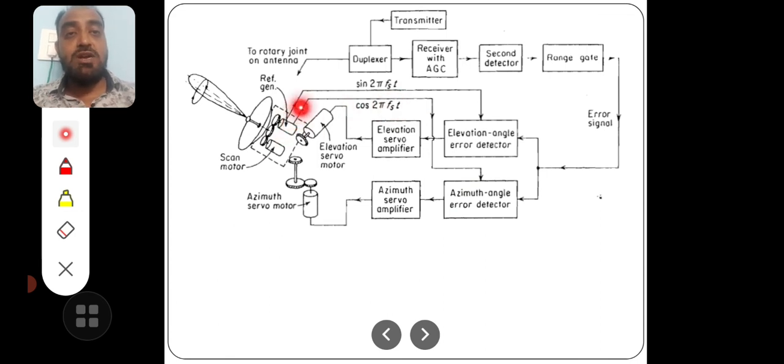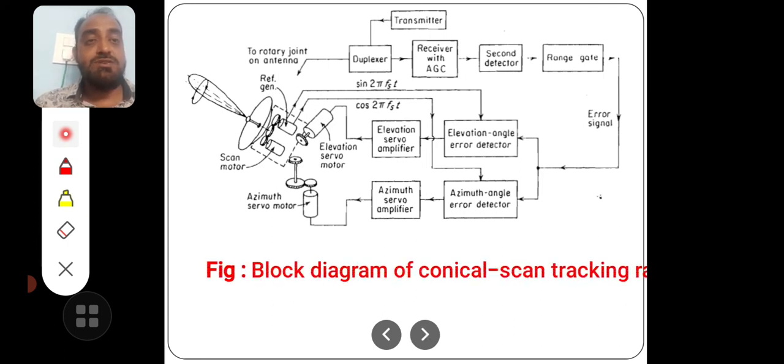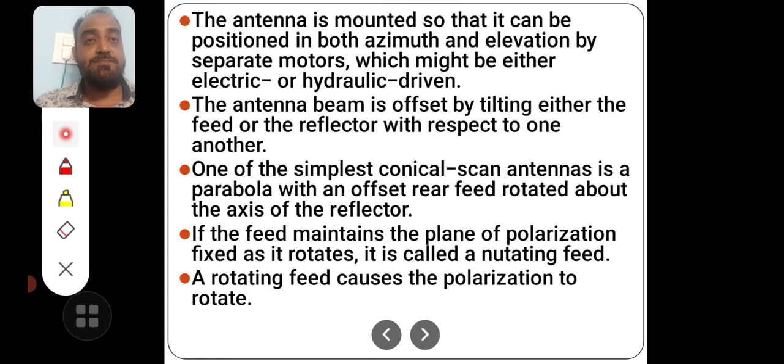The other two help the antenna rotate on its own axis to have a conical scan done. So this is the block diagram of the conical scan tracking radar.